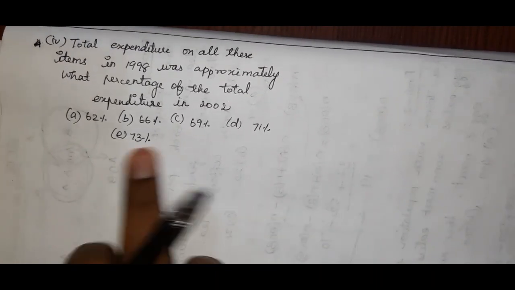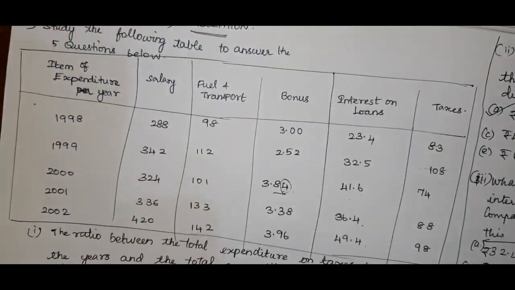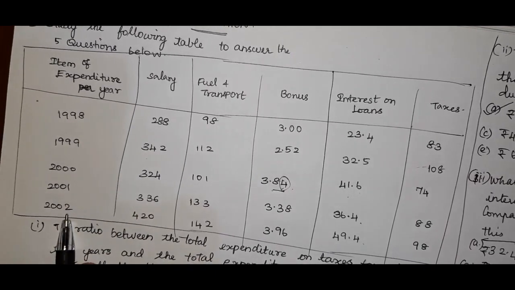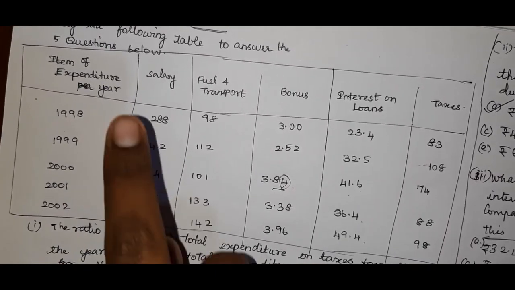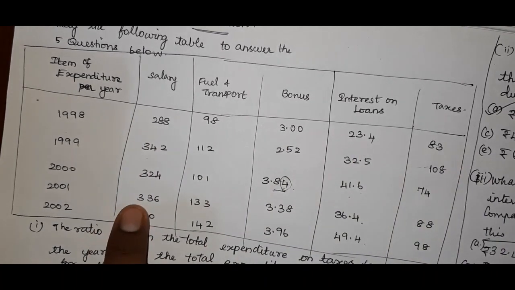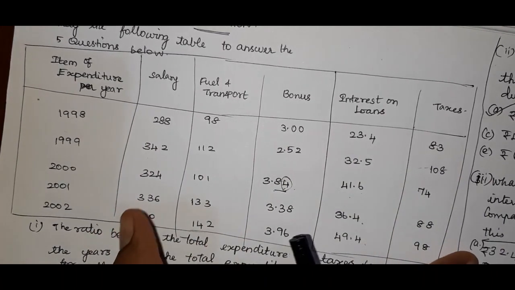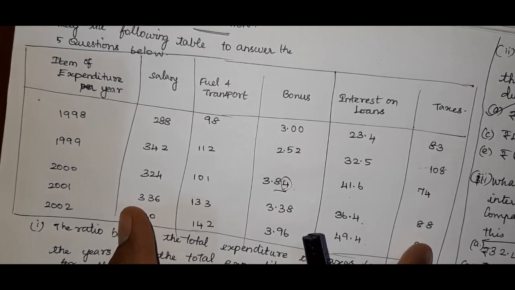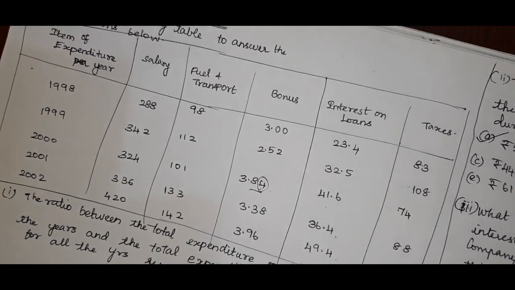These are all the options given. So let's see what is the data and what we have to get. This is the table, right? We have to compare the 1998 value with the 2002 value. We have to add all these values, and for this value alone, we have to divide by 100 and then we'll be getting the approximate percentage value.